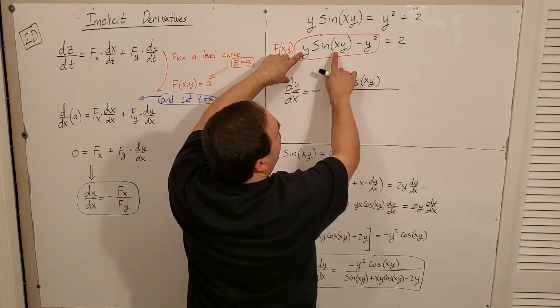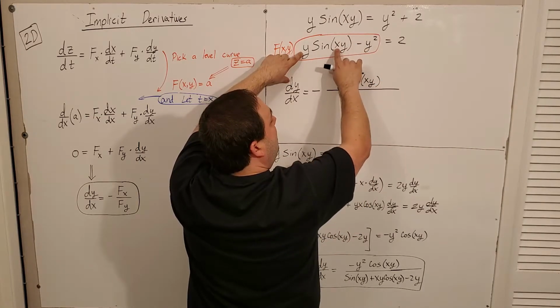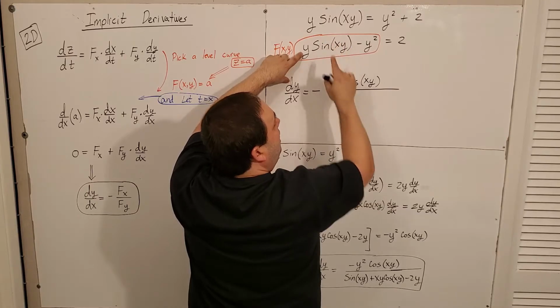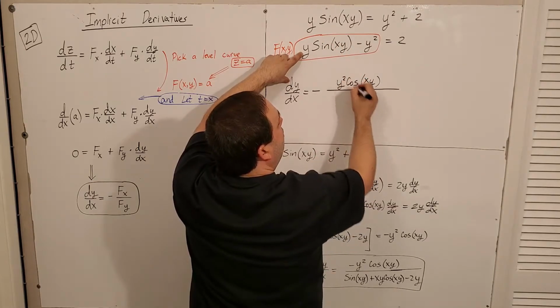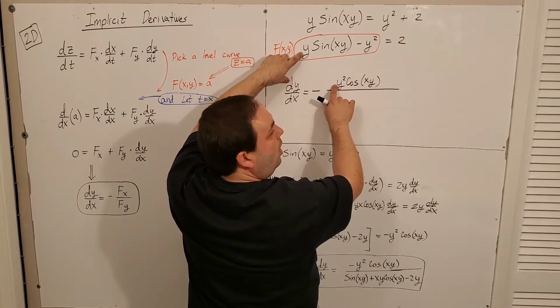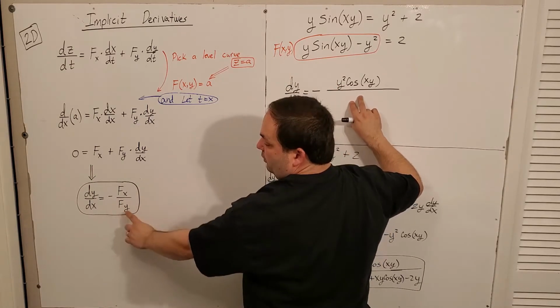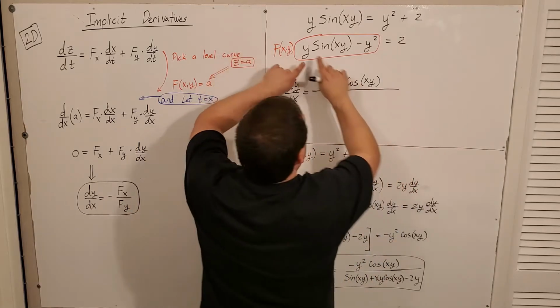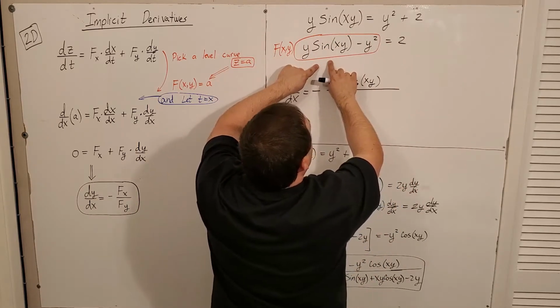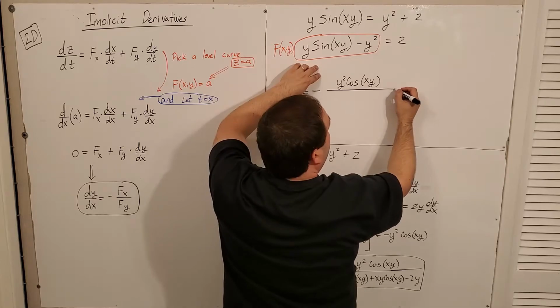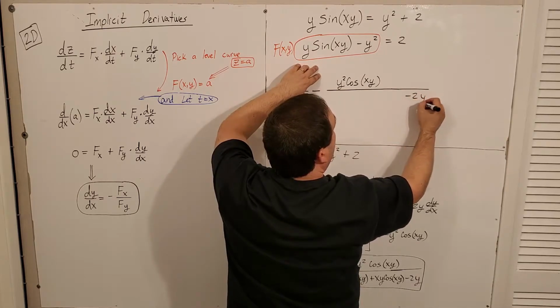Leave the inside alone, right? And then derivative of the inside, derivative of x is 1 times y. So I'll get y squared because it'll be y times y. Then in the bottom, I'll do the partial of f with respect to y of this thing, right? Okay, so an easy part on the end there, I'm going to have a minus 2y. We'll get that out of the way.